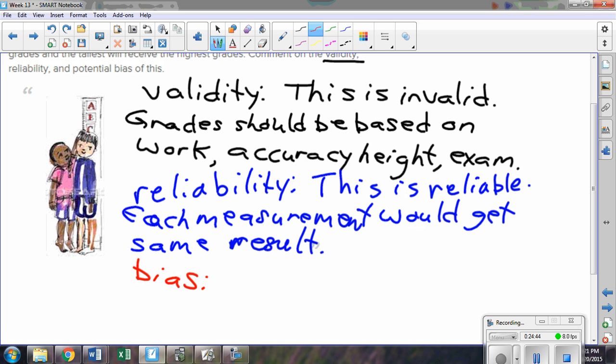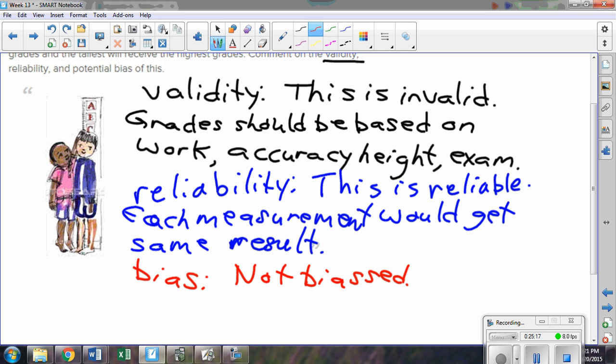Okay, so how is this biased? This actually is not a biased way. Yes, to answer your question, Rodea, because it is consistently accurate, we would be able to measure your height over and over and over and get the same results. It's reliable.